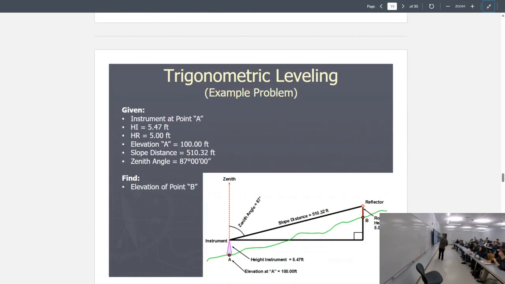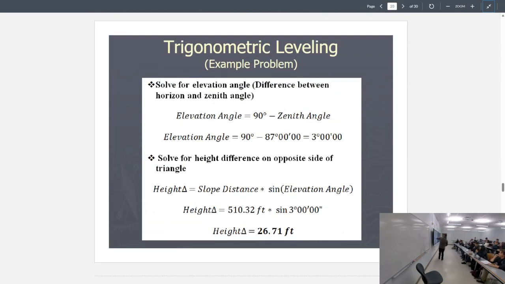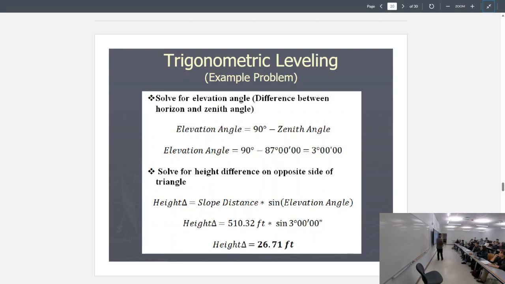Same dilemma right here: you're given the HI, the HR, your elevation, your slope, your zenith. Here is the whole example. It's a similar example; they just switch or transpose the numbers, however you want to say it.